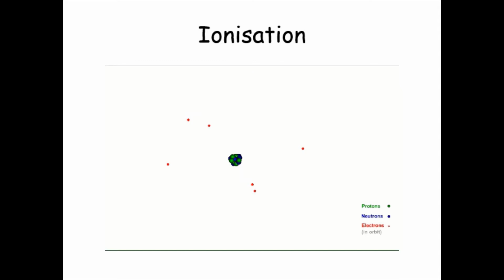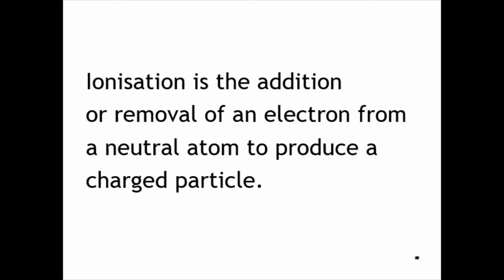Now we've got back to 6, and this time instead of removing an electron, we're adding an electron, which is what can happen with nuclear radiation. And so we get 7 electrons instead of 6, so we've got an ion, and that's ionisation. So ionisation is the addition or removal of an electron from a neutral atom to produce a charged particle.